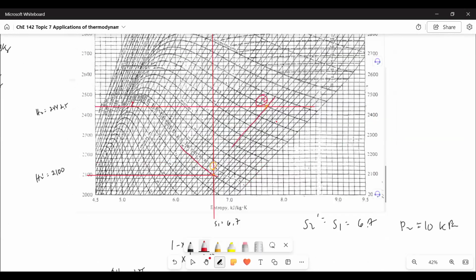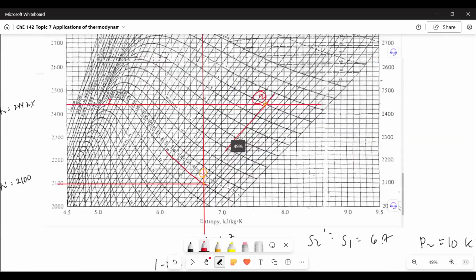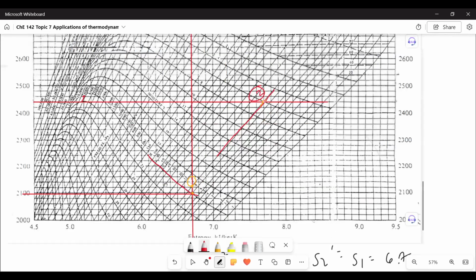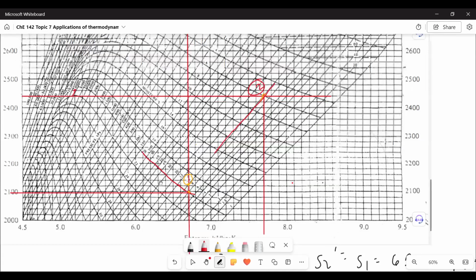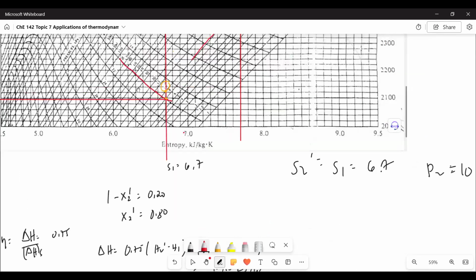So to read the entropy, S2 actual is 1, 2, 3, 4, 5, 6, 7, 8, 9, 10, 7.7 kilojoules per kilogram Kelvin. And in letter A, what is the entropy actual? 7.68.